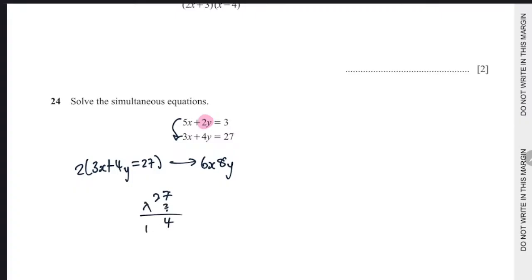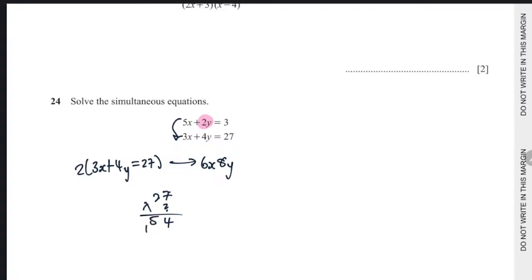How did I say you solve the simultaneous equations, Lifika? You take this 2, it multiplies the one below, right? So you say 2 multiplying the whole thing, 3x plus 4y equal to 27, right? 2 times 3, 6x. 2 times 4, that's 8y. 2 times 27, you say 27 times 2. 7 times 2, that's 14. 4 carry 1. 2 times 2, 4 plus 1, 5.